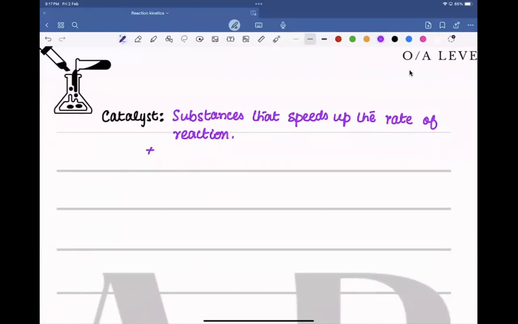The most important thing that a catalyst does is that the catalyst itself remains unchanged at the end of the reaction.